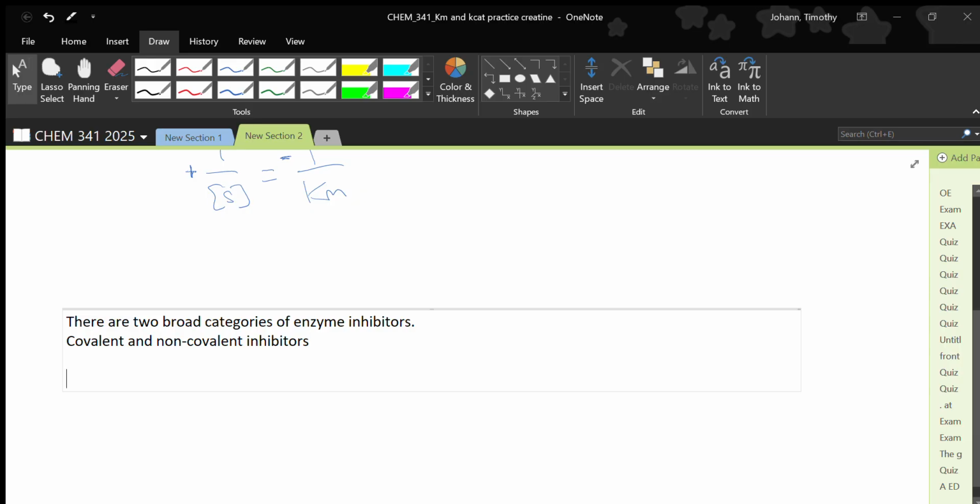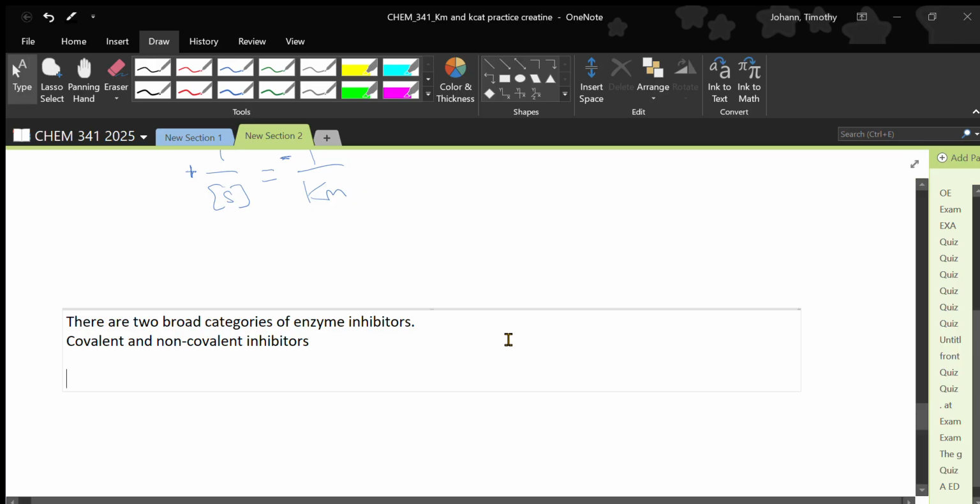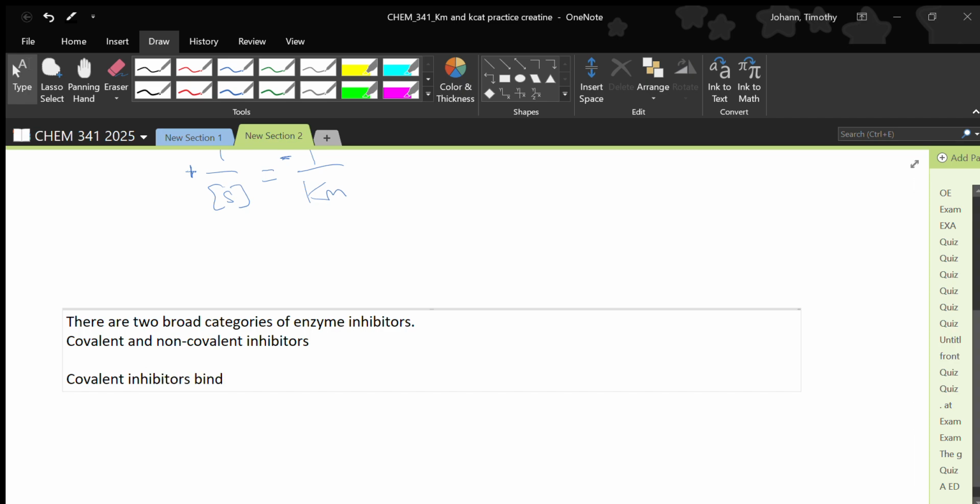Covalent inhibitors, obviously from the name, are going to bind directly to the enzyme. Non-covalent inhibitors do not. They're going to bind reversibly. They don't make covalent bonds.